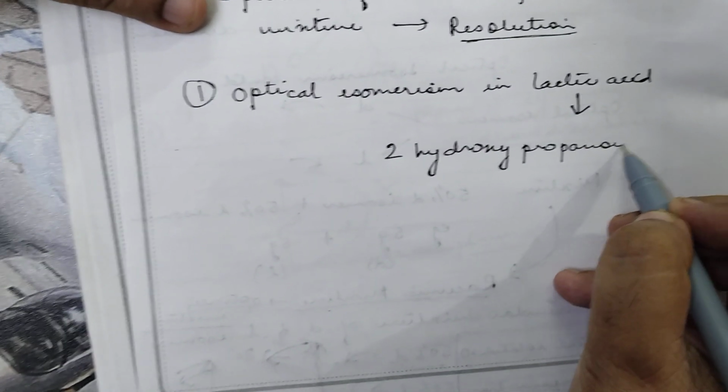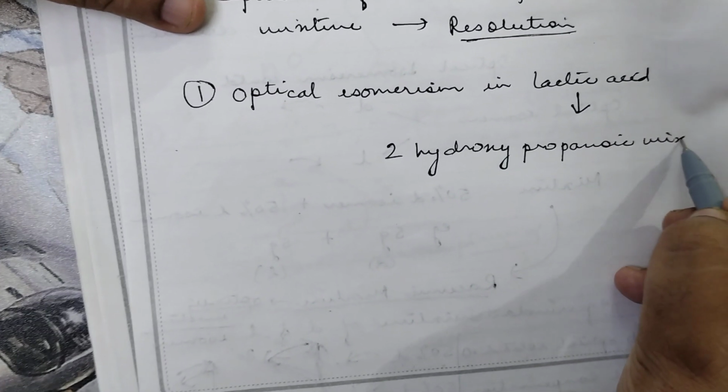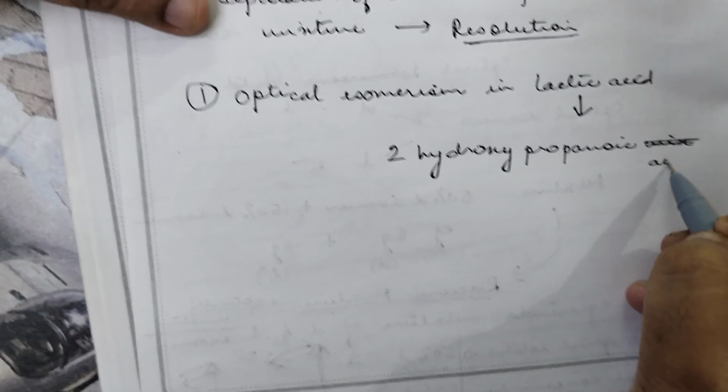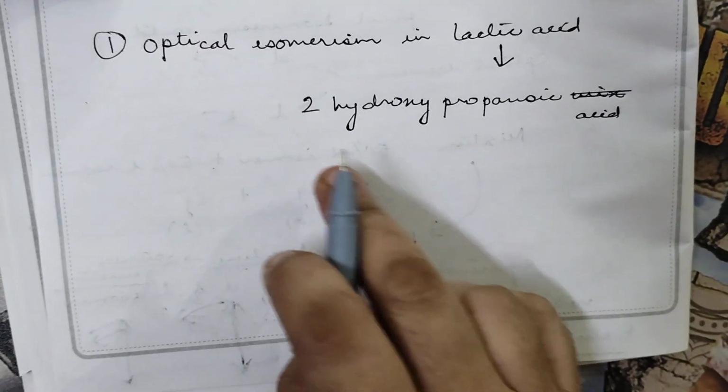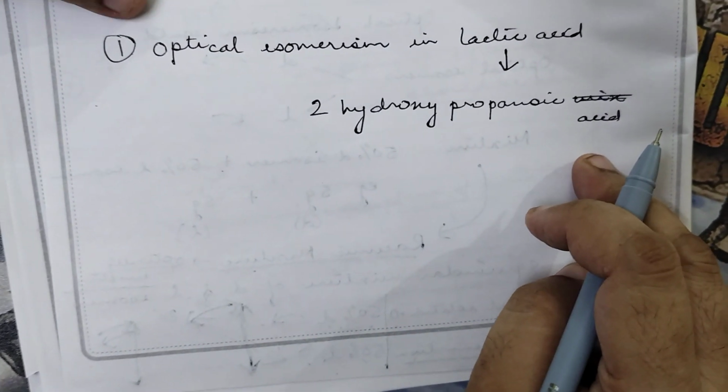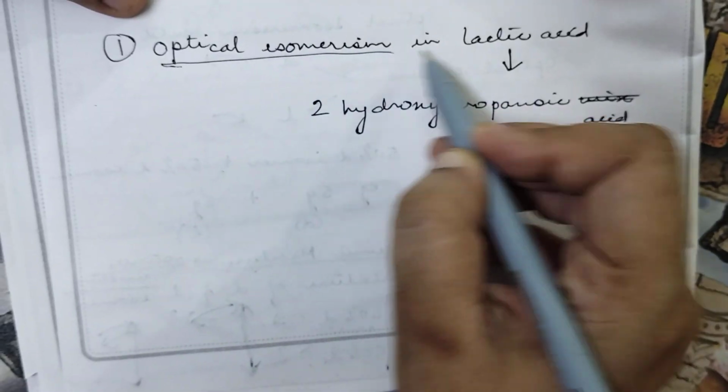So you can be given the question with the name lactic acid, or with the name 2-hydroxy propanoic acid. Let us first draw its structure. I will first draw the linear structure.